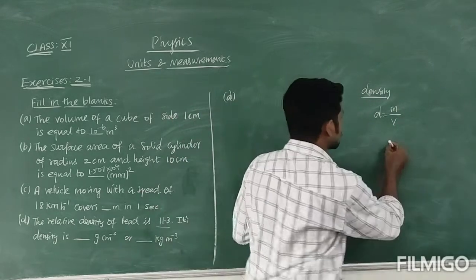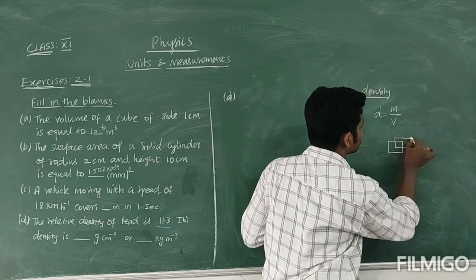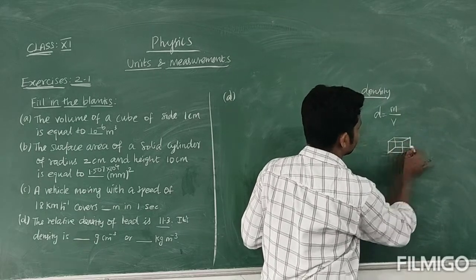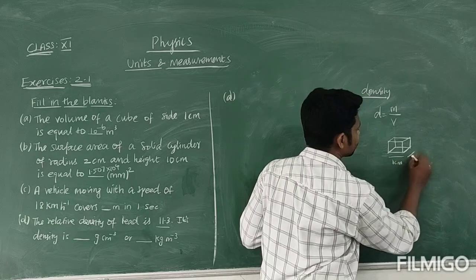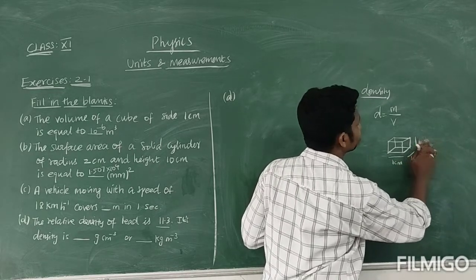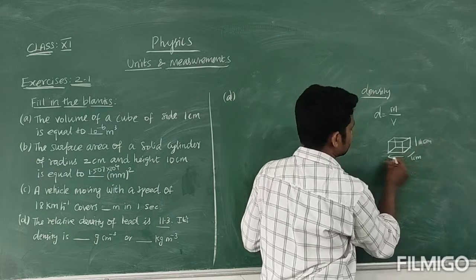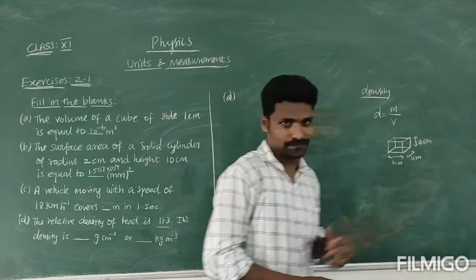Say for example, let us take one cube. Here 1 centimeter, here 1 centimeter, height 1 centimeter. So 1 centimeter length, breadth and height, everything, so it is like a cube.